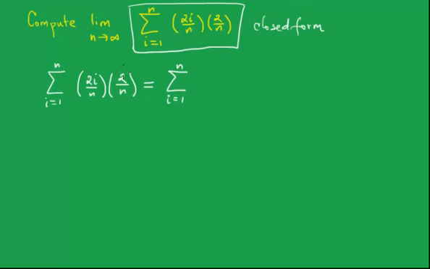That means I'm going to multiply these together. So 2 times 2i, that's 4i, divided by n times n, which is n squared, which I can rewrite this way: i equals 1 to n, 4 over n squared times i.